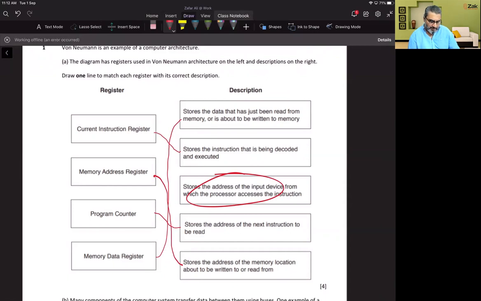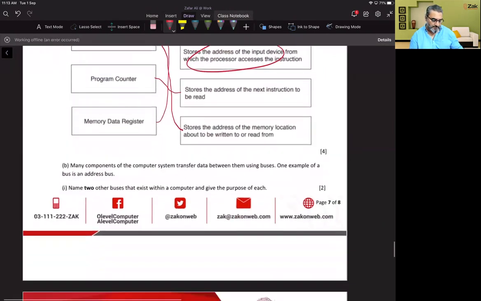I don't think that this is any of the registers' doing. Bringing in data from a memory address, that address lies in MAR. But bringing in data from that particular device, where does that lie? In a register we have not read, we have not studied any register which is holding the address of the device. No, it is MAR which is holding the memory address, not the device address.